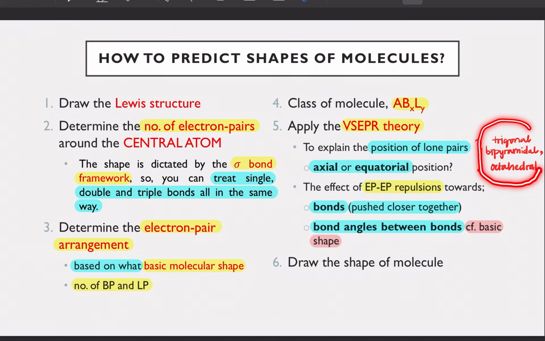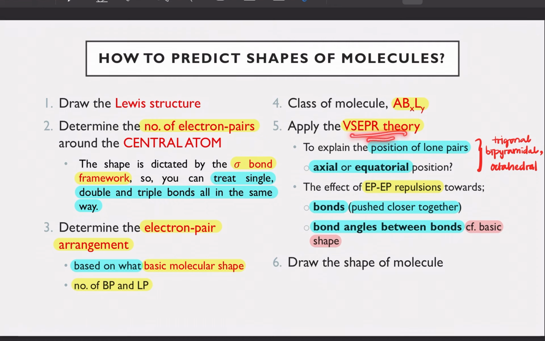Kalau dia based on trigonal bipyramidal atau octahedral, then you might want to explain the position of your lone pair. Is it axial or equatorial position? Okay, octahedral actually tak kisah sangat lah, tapi selalunya dia akan sit at opposite axial positions, the lone pairs. Okay, for trigonal bipyramidal, your lone pairs usually will sit at the equatorial position.